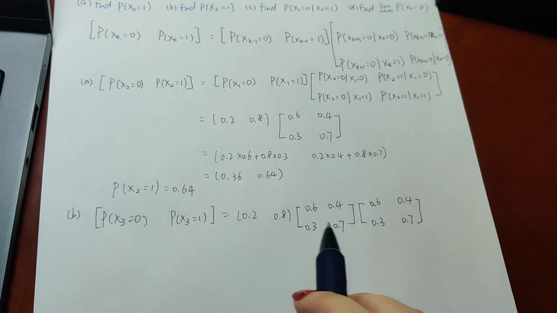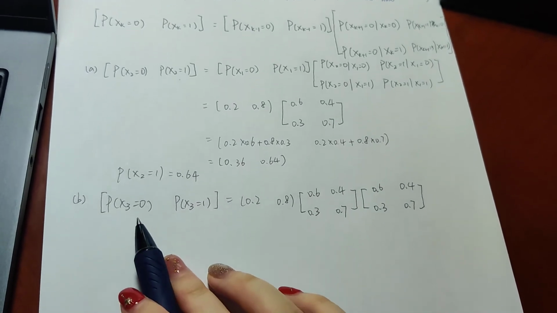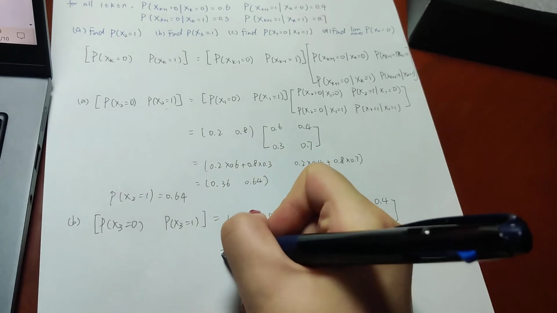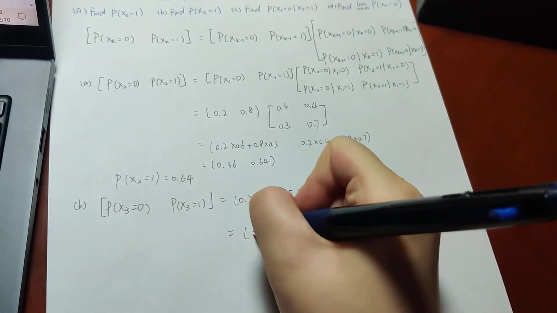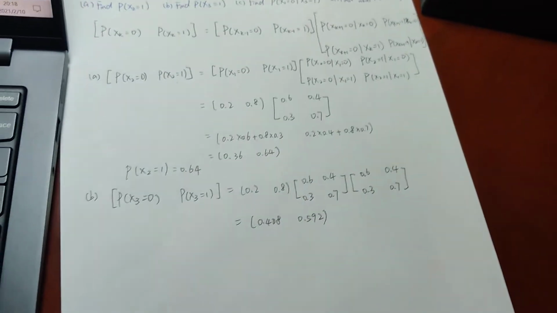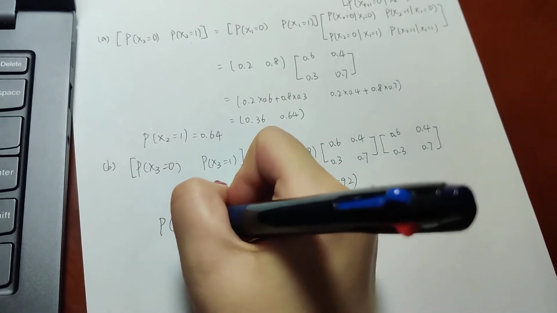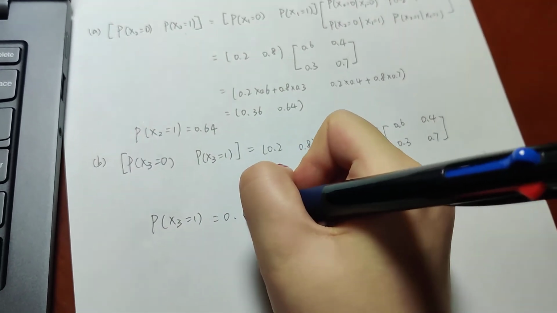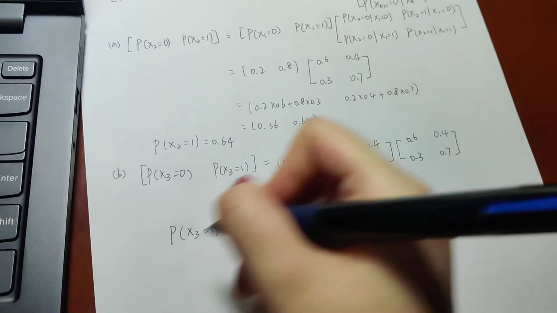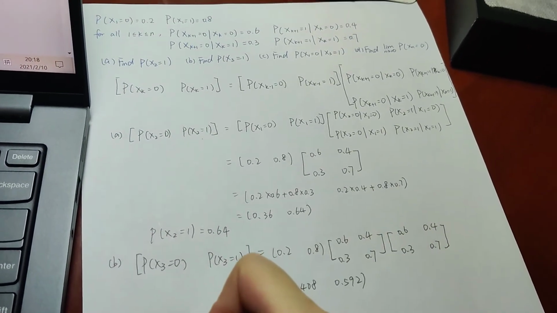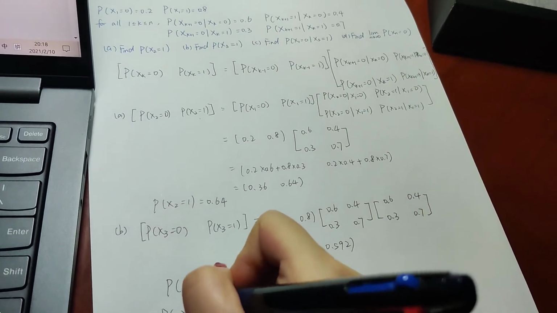So we can calculate the probability of x3 equals 0 and x3 equals 1. The probability of x3 equals 1 equals 0.592.